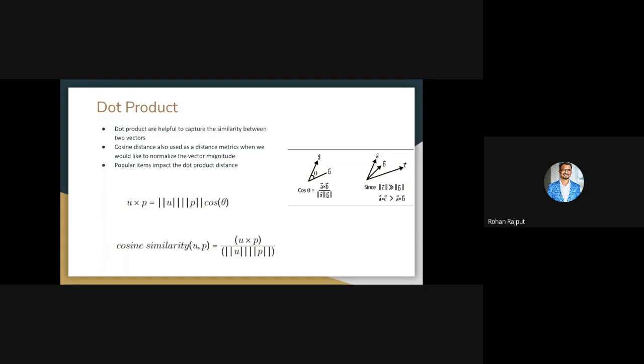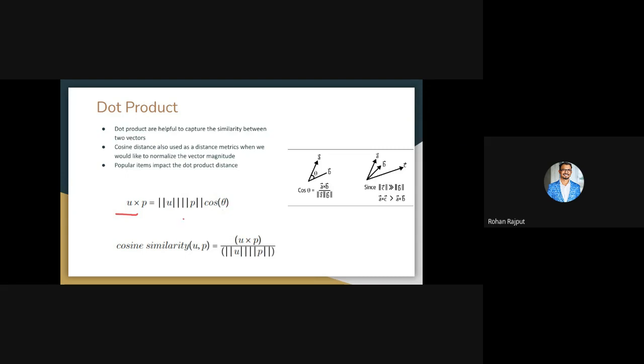For that, we have various distance metrics. One of them is dot product or cosine distance. Now, the dot product between two vectors can be described as u dot p, which is the magnitude of u multiplied by the magnitude of p times cos theta, where theta is the angle between these two vectors.